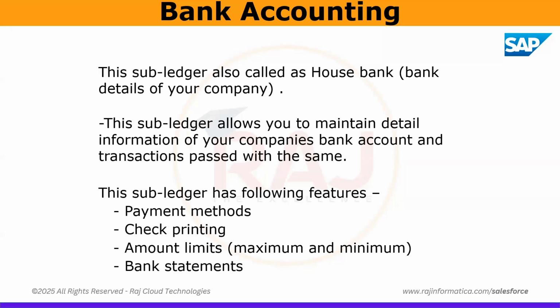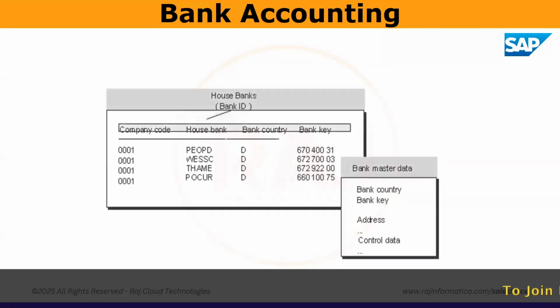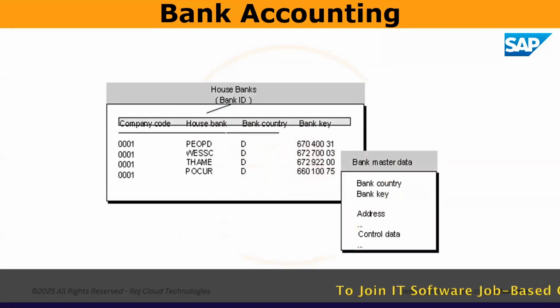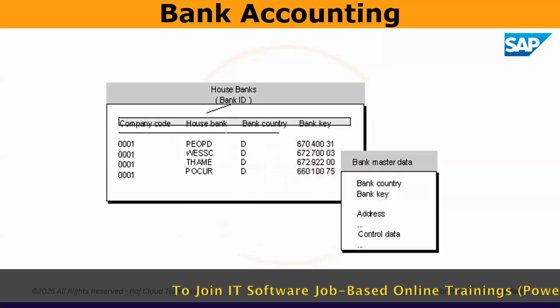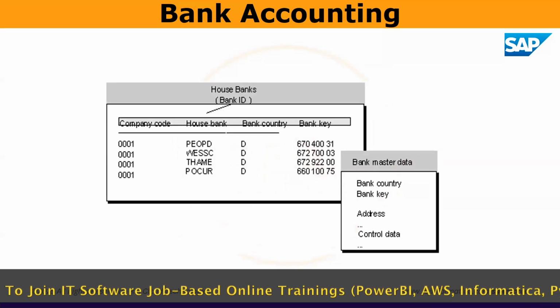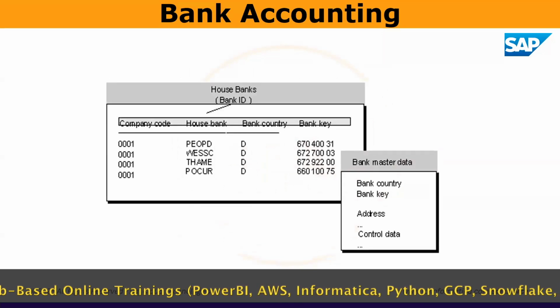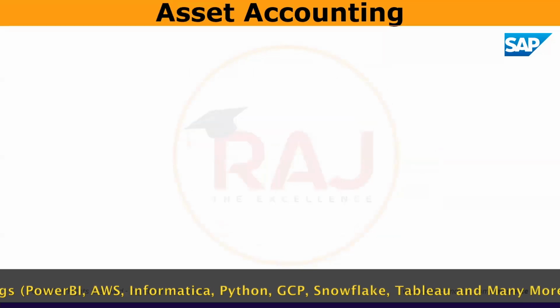For multiple vendors we can make the payment together through check printing, or bank transfer files can be generated. So bank accounting covers payments related to check and bank transfer. So this is the house bank, in which we have company code, house bank, country and bank key. Bank key is nothing but the branch that you are going to create for your company.